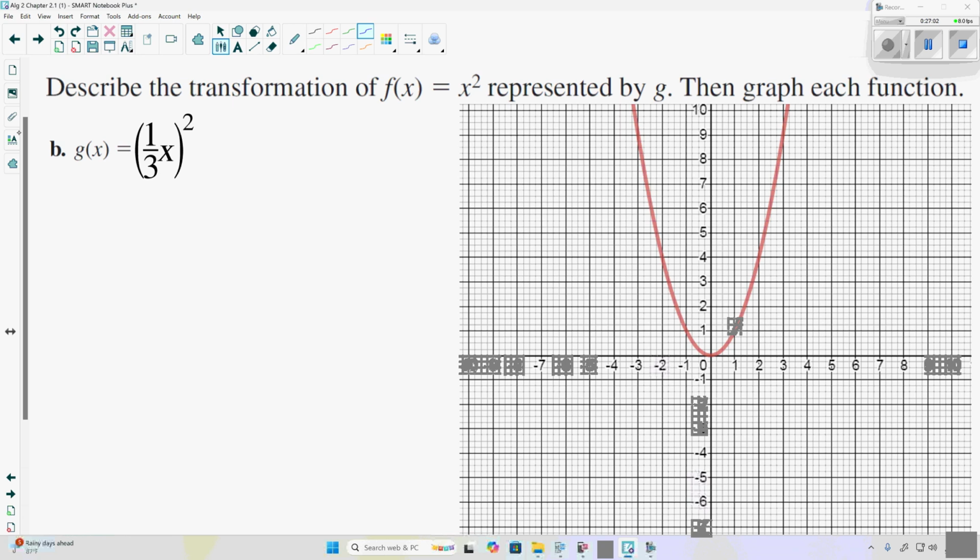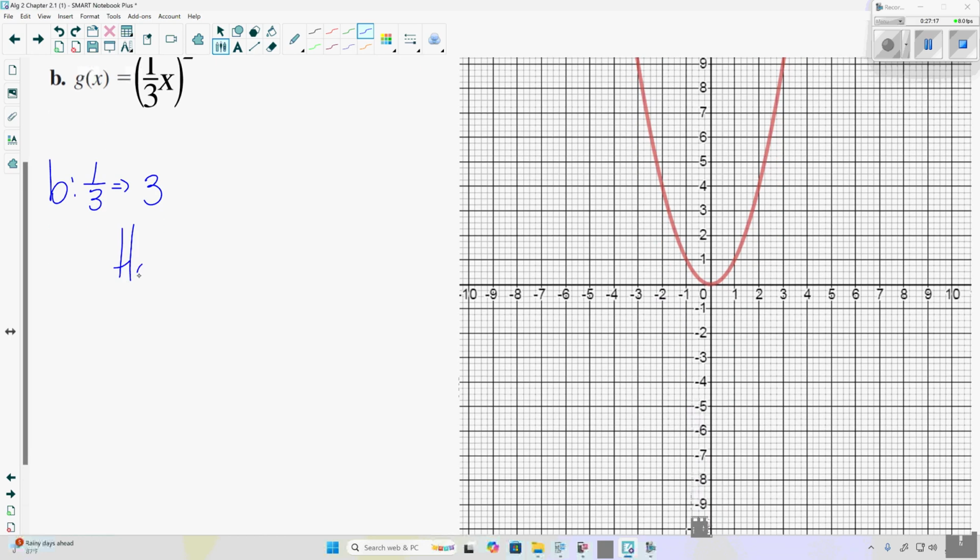One-third x squared. Well, here, the only thing we have is a value b of 1/3, yes? But it would actually be a value of 3. Telling us that we have a horizontal stretch of 3.